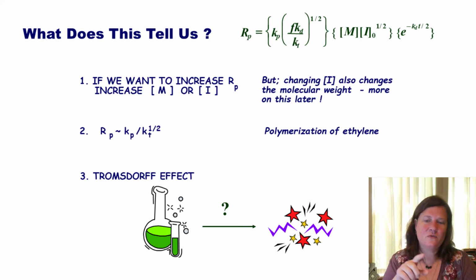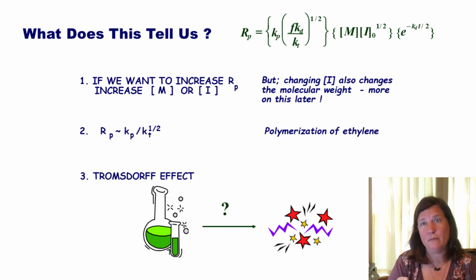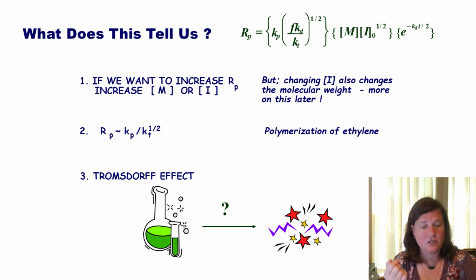Now, let's look at those rate constants in the first set of brackets. So the f and k_d come from the initiator, and we could change the initiator and change the rate of polymerization. But if we look at the k_p and k_t, those are related directly to the monomer that is polymerizing. So the rate of polymerization is proportional to k_p over k_t to the 1/2.